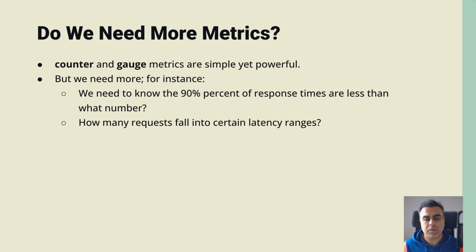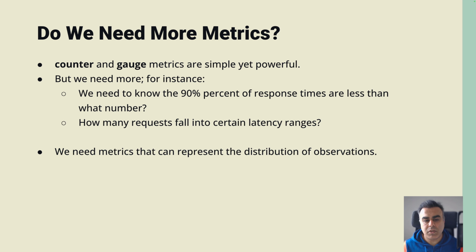For instance, if I want to know how many requests are served between 50 milliseconds and 60 milliseconds, how many requests fall into this range. These are questions that cannot be answered by just the counter and gauge.